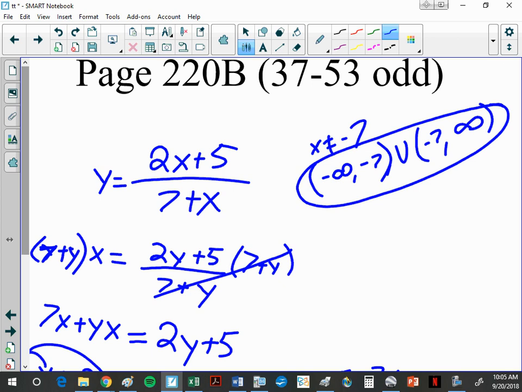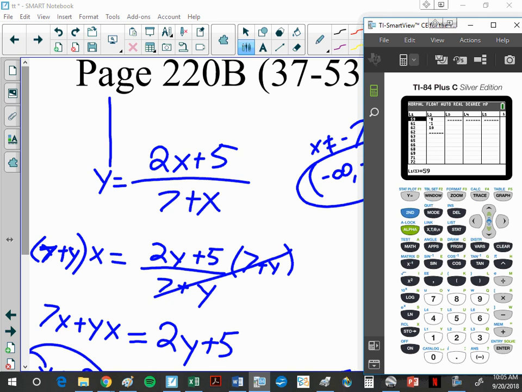So if you graph this, actually, let me just do it. Let me graph the original. And make sure you use parentheses. 2x plus 5 divided by 7 plus x.